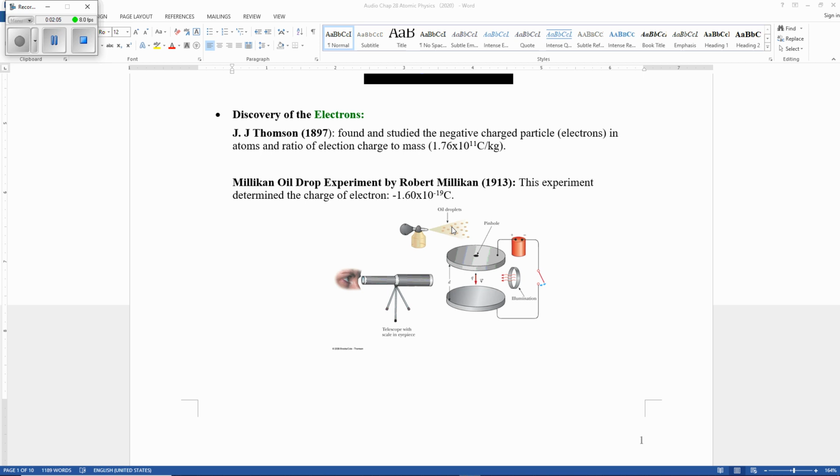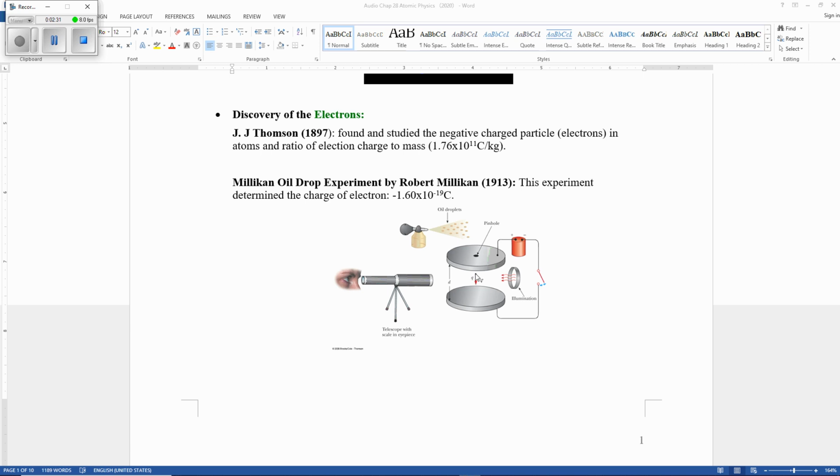Now when the oil droplet passes this chamber, we have two metal plates. The top one is positive, then the bottom one is negative, from the battery. So positive, negative. Now let's say one droplet comes here.